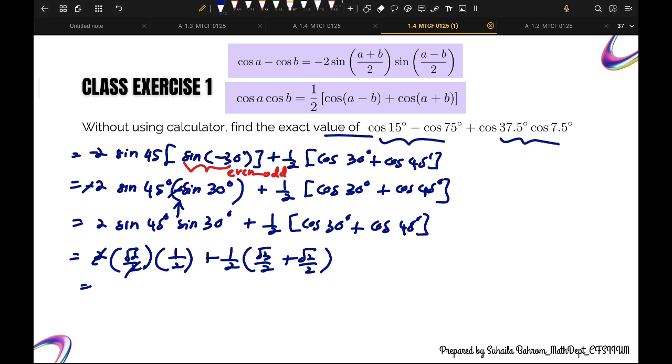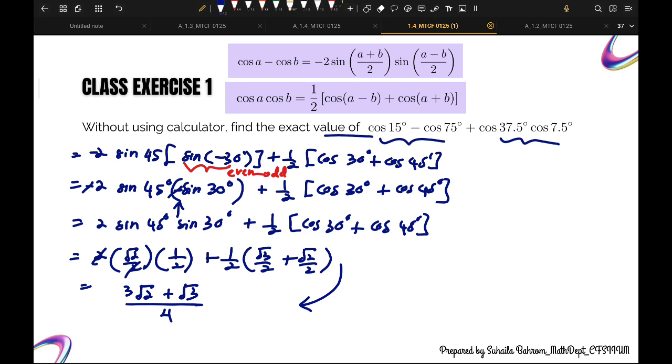Then simplify. At the end, the final answer is 3 square root of 2 plus square root of 3 over 4. So please be careful when you try to simplify the final answer. My advice is to do the calculation manually. Don't use your calculator for this one, but you may use it to check your final answer.